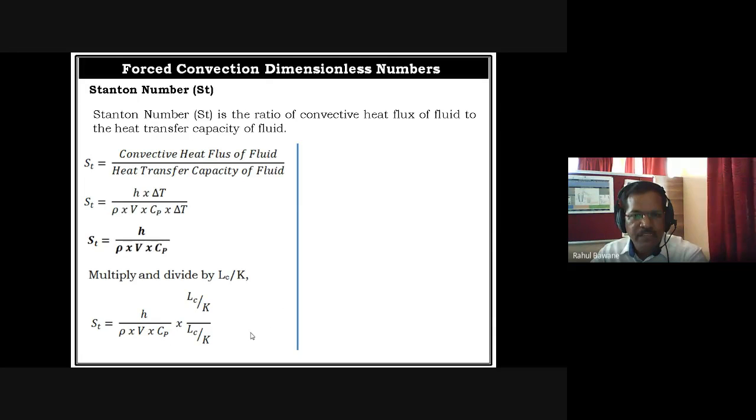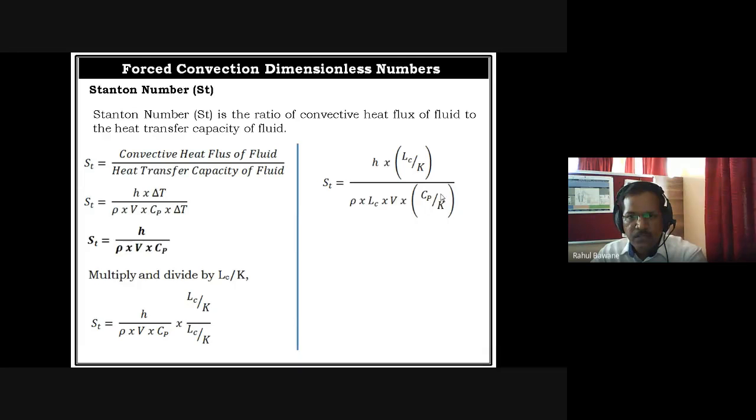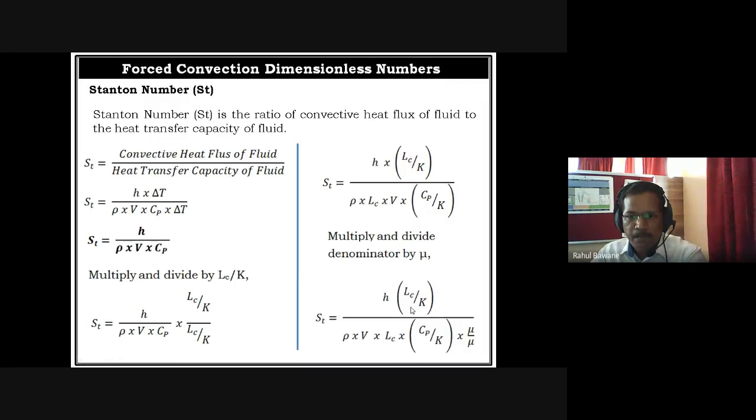Now we will rearrange this. First is h Lc upon K, and second, the denominator, rho Lc V Cp upon K. Then we multiply and divide the denominator only by dynamic viscosity mu, so mu upon mu.